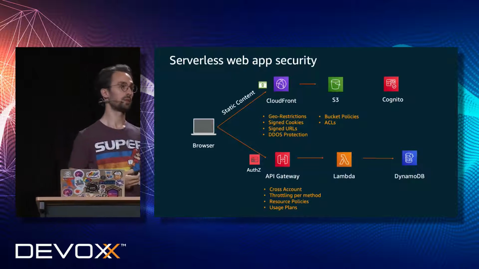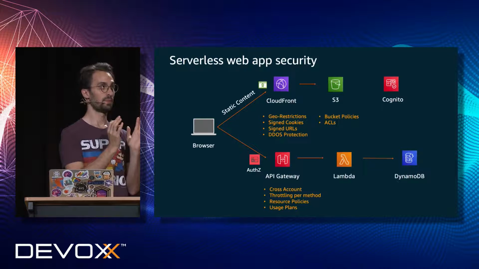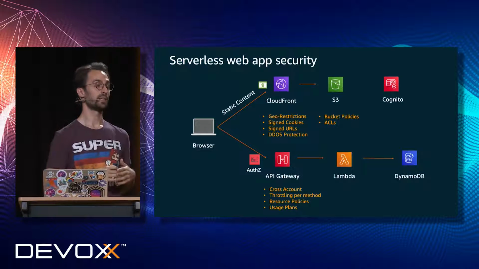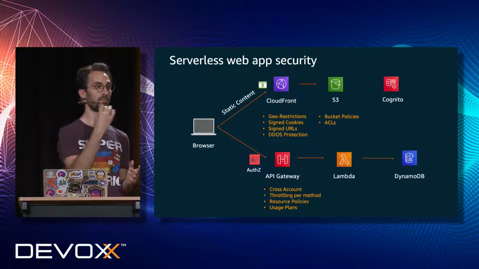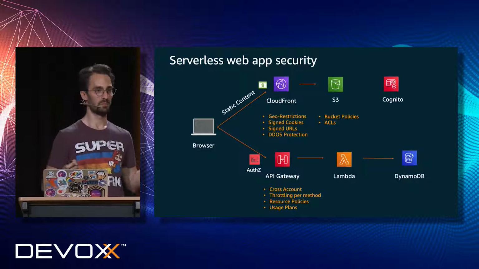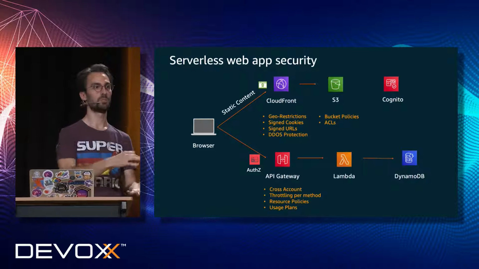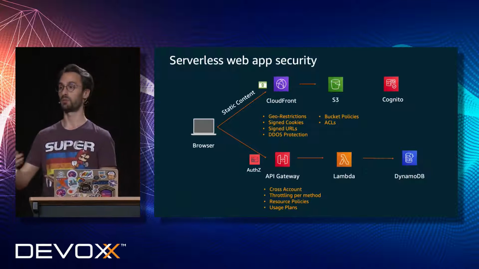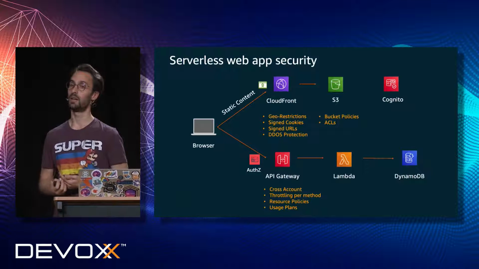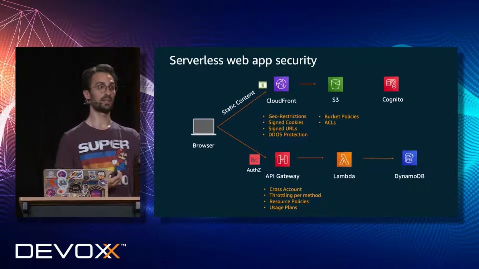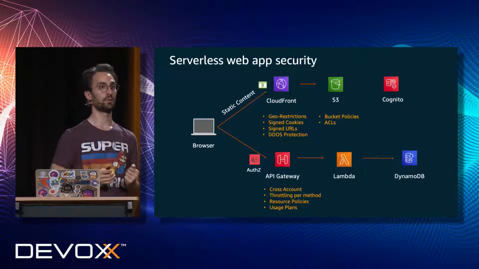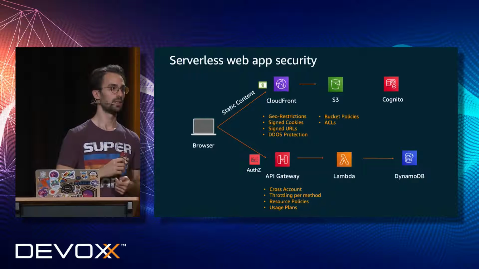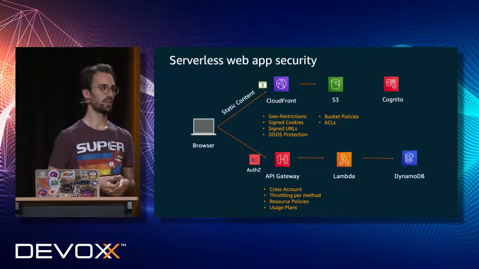And usage plans. Usage plans are interesting because you can group API keys based on a usage plan, like platinum or bronze, or whatever name you like, and then you can group your API consumers based on this usage plan, and they will have different throttling and rate limiting policies. For example, you can say this group of API keys can invoke this function, this endpoint only, 100 times a month.